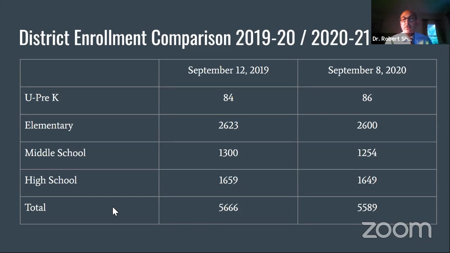Again, at the high school, a slight drop off of 10 students, but overall, as Annie mentioned, we saw a lot of mobility, or movement in and out of the system over the last 4 months. But in the end, we ended up approximately where we thought we'd be in terms of total enrollment. In speaking with Dr. Claire Reinhardt, we had about 160 new registrations over the summer months.